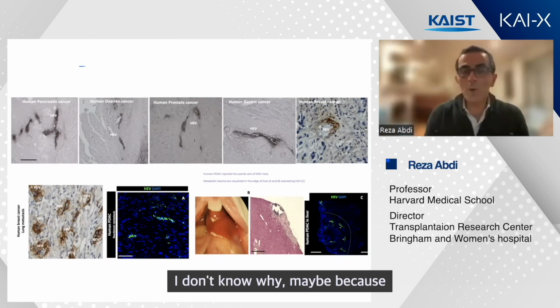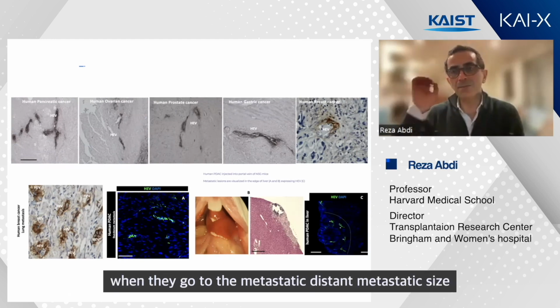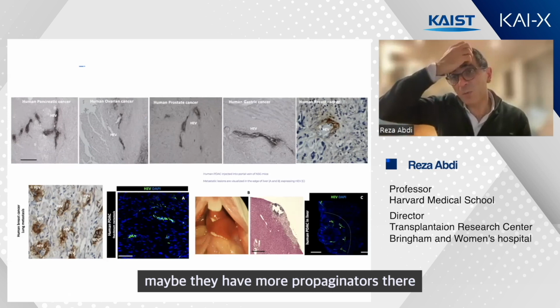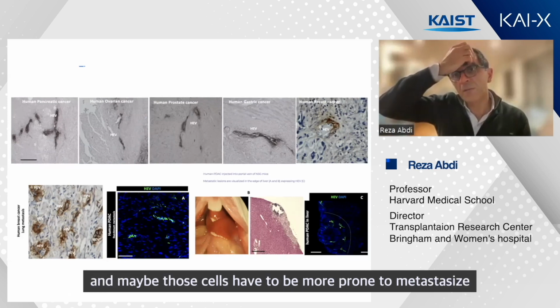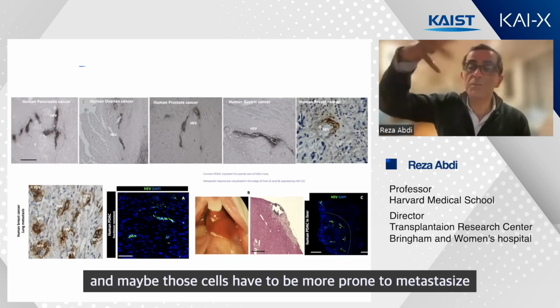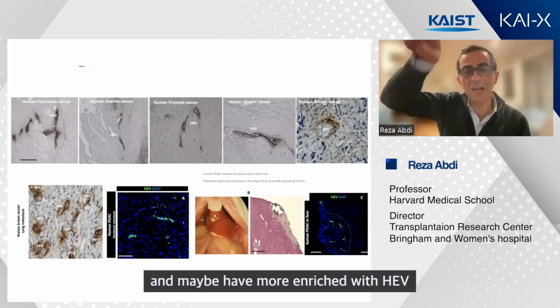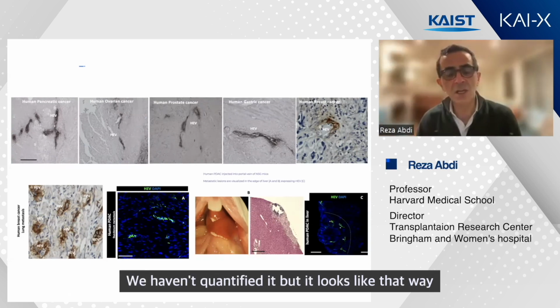I don't know why. Maybe when they go to the distant metastatic sites, maybe they have more progenitors there. And maybe those cells are more prone to metastasize and maybe more enriched with HEV. We haven't quantified it, but it looks that way.